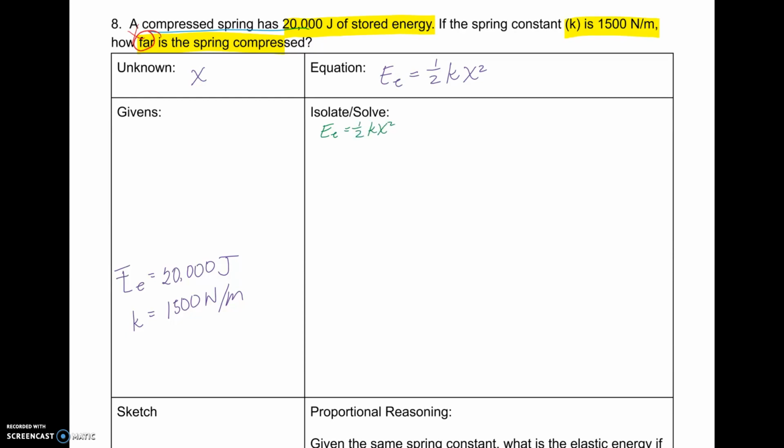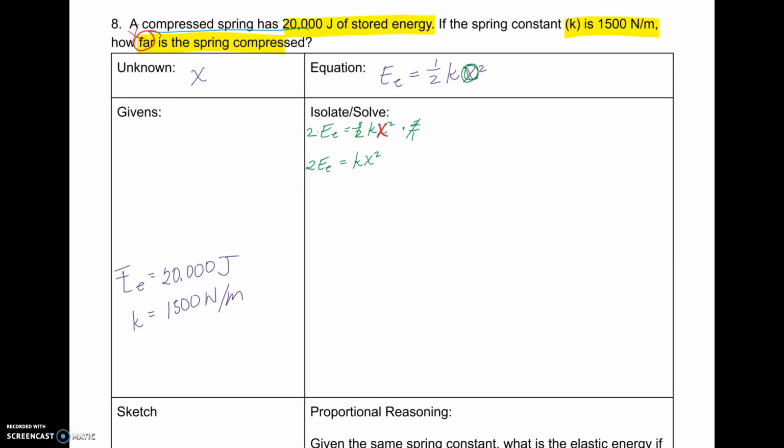And we're trying to get the x part. So we want this value to be by itself. So to do that, we're going to multiply by the reciprocal on both sides. This cancels that out, and we have 2 times the elastic potential is equal to k times x squared.